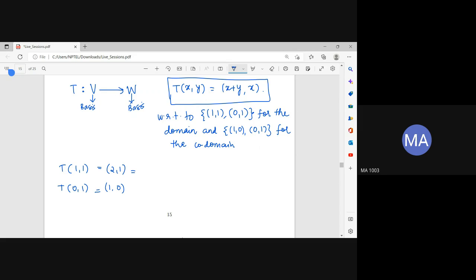Can you express any element in the codomain as a linear combination of the elements of the basis for the codomain? Can you express elements of W in terms of the basis for W?